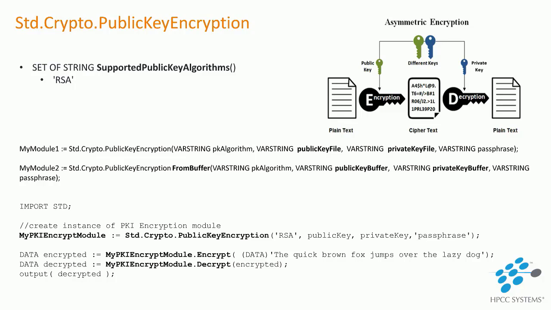And again, all you pass is the data, and if it's string, you have to cast it to data. And in this example, I encrypt it, then I immediately decrypt it, and then just output the decrypted string. And that's it. It's as easy to use as that.